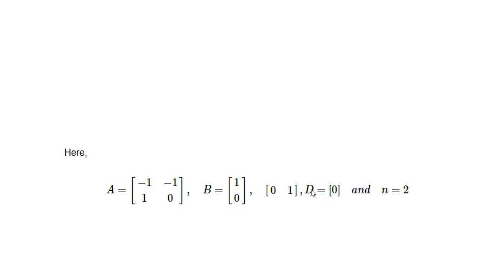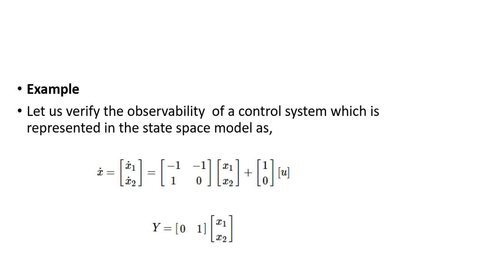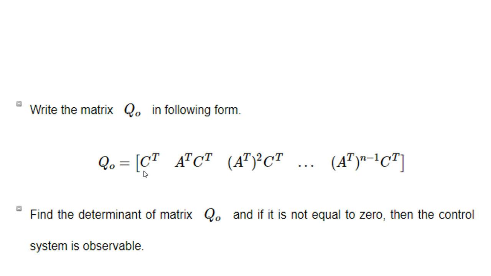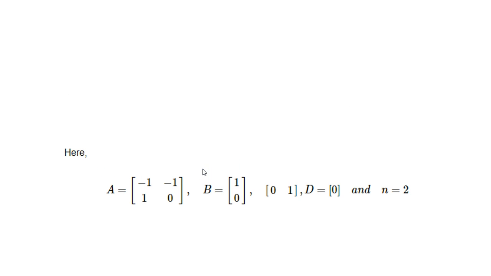D is equal to 0, and N is equal to 2. The first thing we have to do is convert the required matrices into their transposes. We require C and A, we are not interested in B.